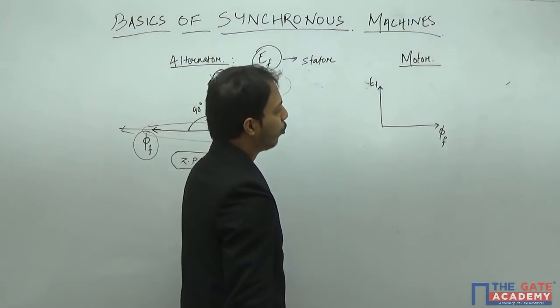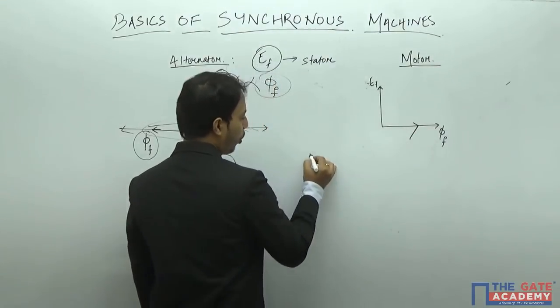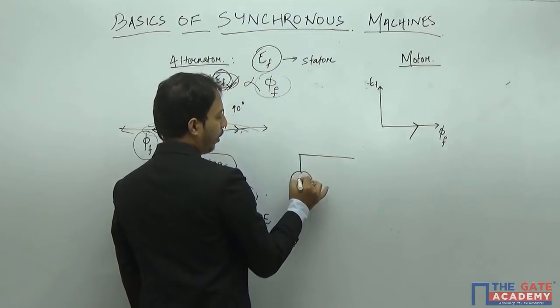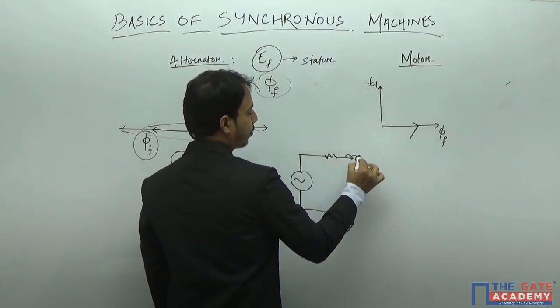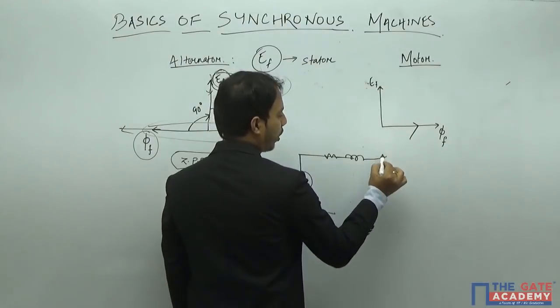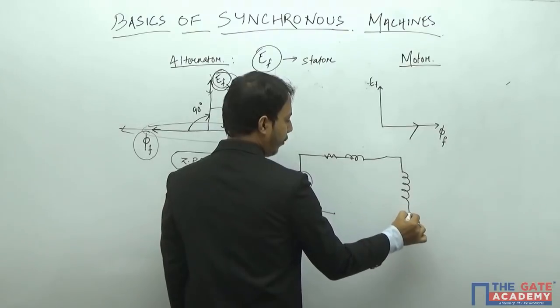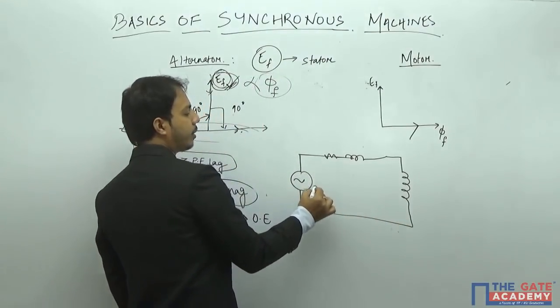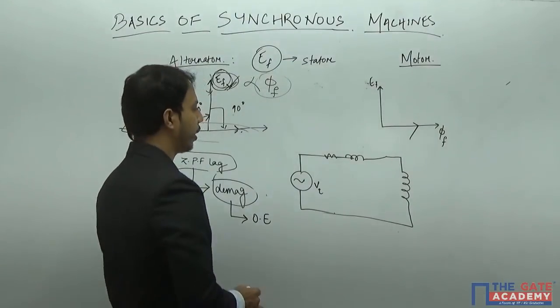Similarly, in a motor, let us see what will happen if I have a load which is lagging. In a motor it works this way. This is my supply VT, let us say, and these are the parameters of the motor itself, and this is my EF. Across the terminals of the stator we have connected a supply VT.